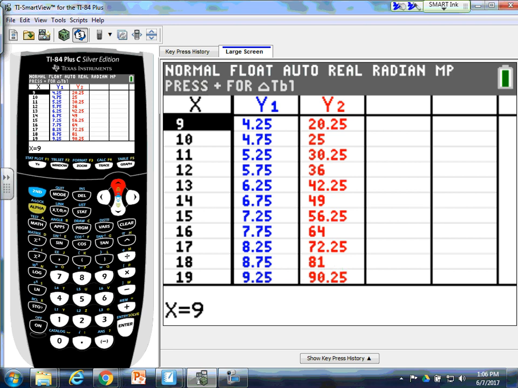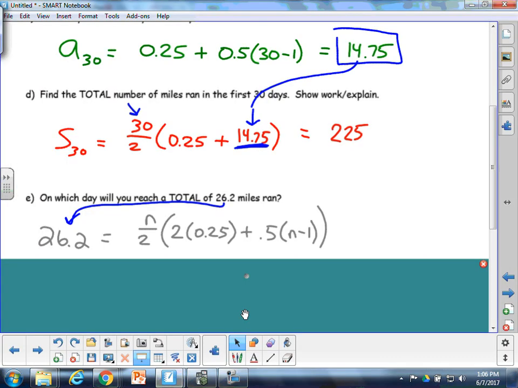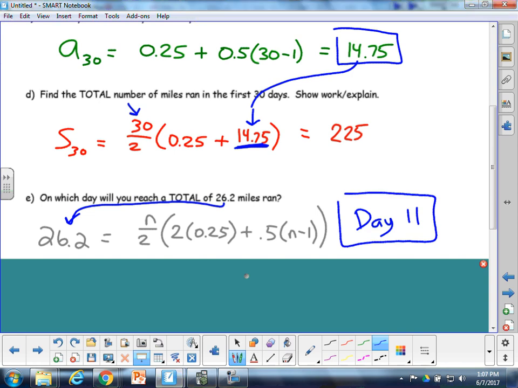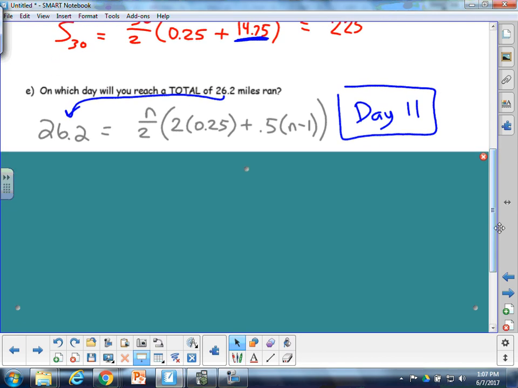After day 11, you've run a total of 30.25. This is combined. So somewhere after the 10th day, on day 11, that's when you would have run your 26.2 miles. Again, this is combined sum. It happens sometime around day 11. And if you solve the equation using the quadratic, hopefully one of your answers would have been 11.